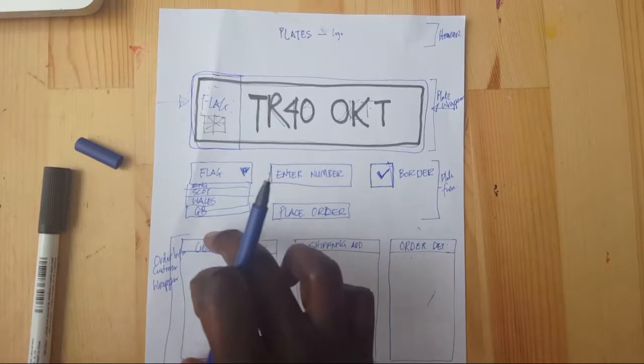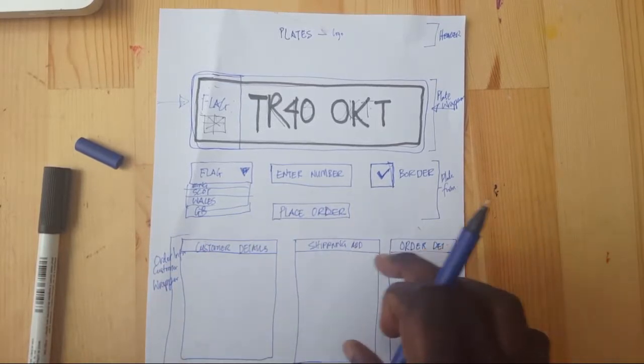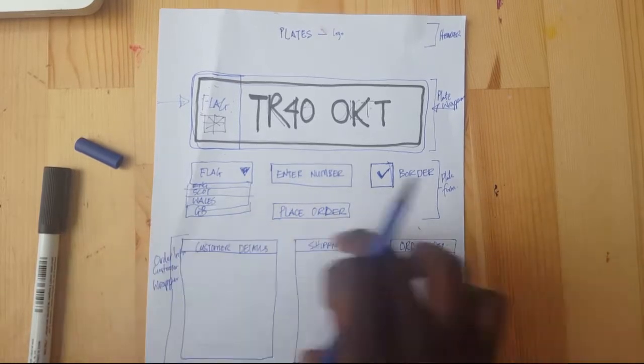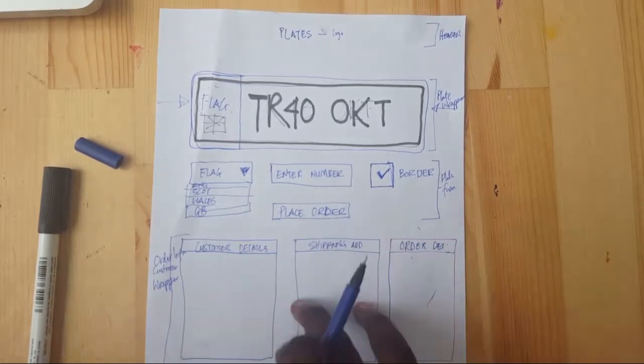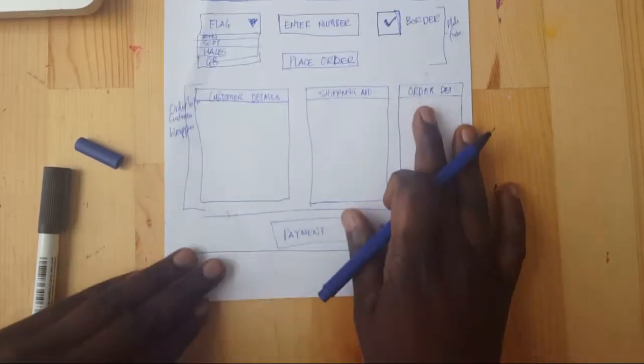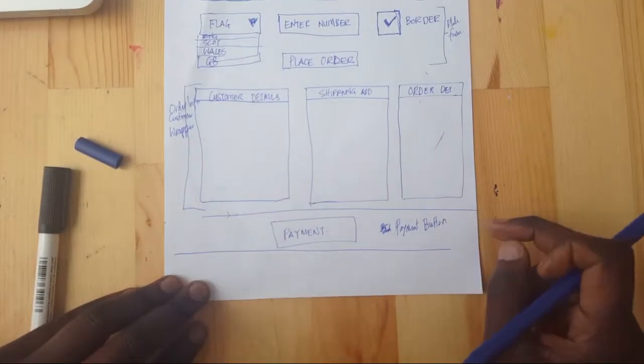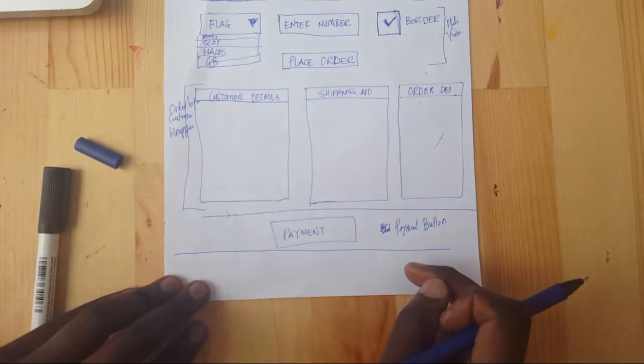Then we have an order info wrapper, which is also a column, a row, and we have 3 columns in there. And then at the bottom here we have another row with a payment button. So we're going to do that.